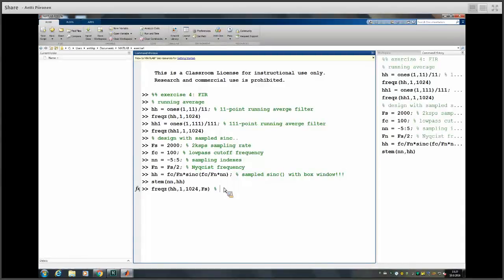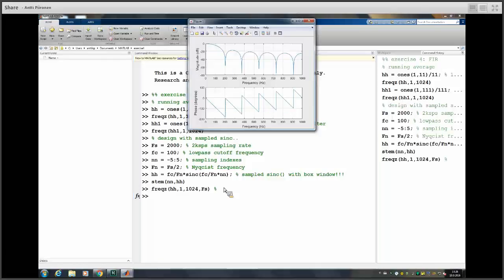The amplitude response or frequency response of the system looks like that. Not much different from the running average filter, except in one way. It doesn't show up that well in here, but now we can control the cutoff frequency. So now we have that 3 dB point at 100 Hertz.